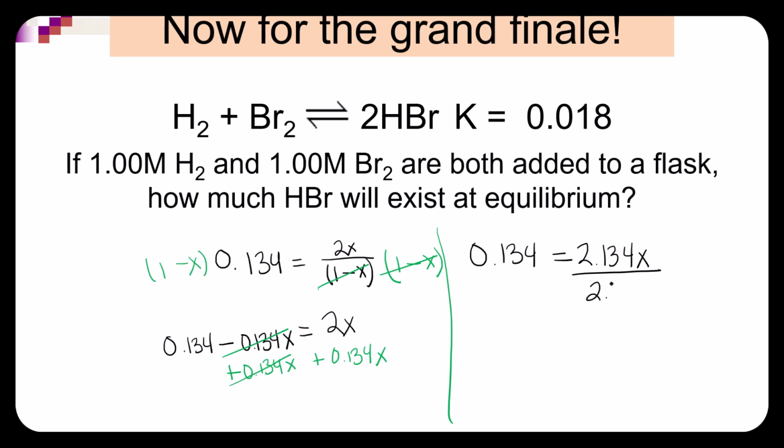So I'm going to divide by 2.134. Number on top, number on bottom, that cancels. Whatever I do to the right side, I also have to do to the left side.